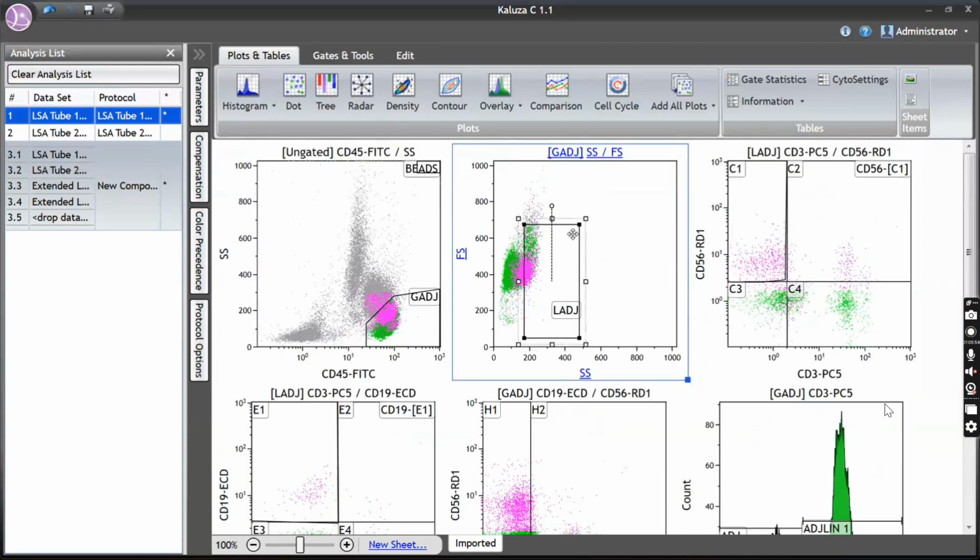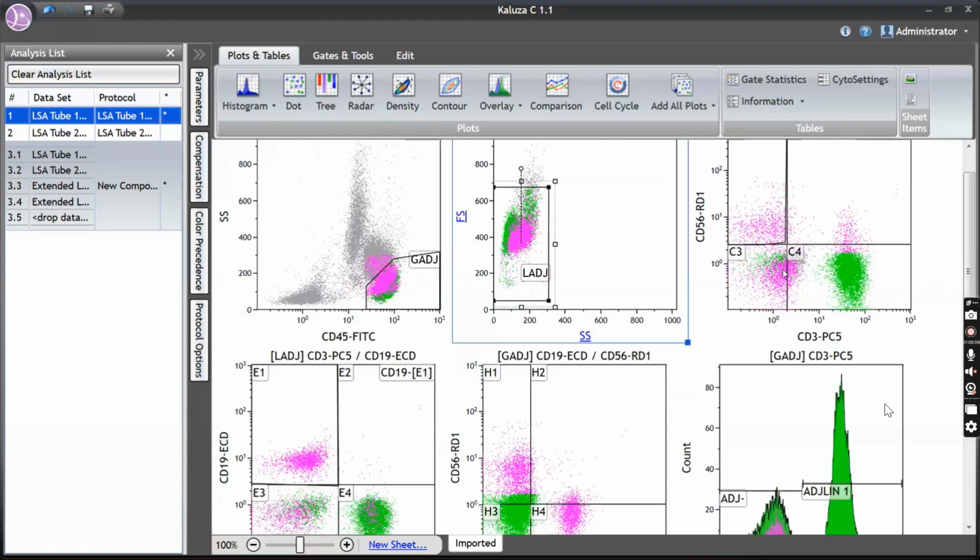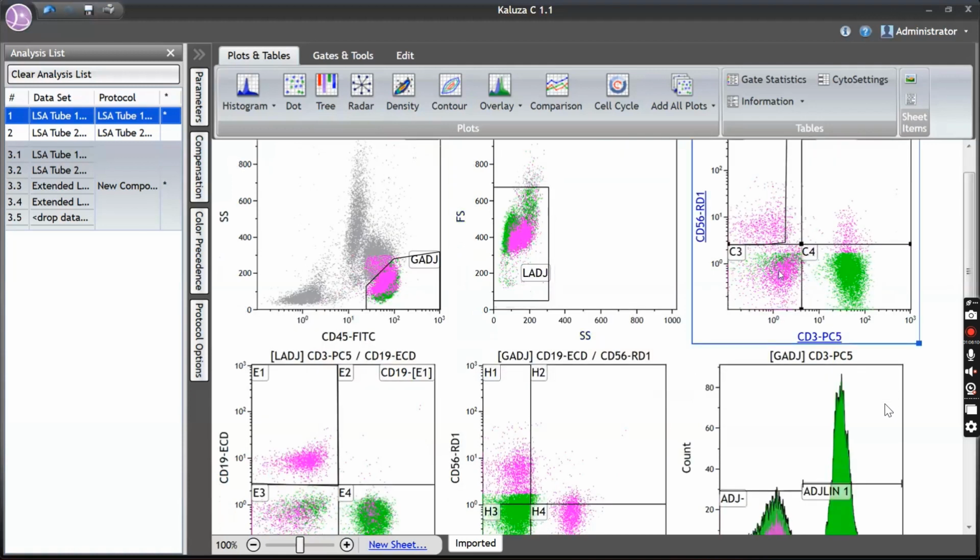Second, if the company person, to avoid these problems, fixes the gate and locks it so that nobody can move or adjust it, and there is any problem in the voltage of the flow cytometer, then a population which should lie in this negative region may shift to this area because of voltage alteration, and these two populations will all be calculated as T cells and give a false number.